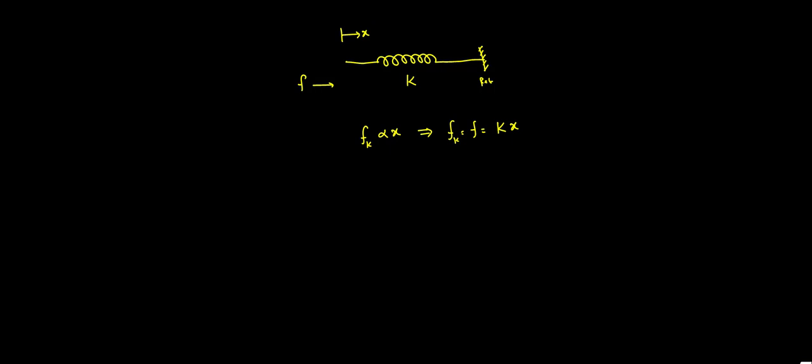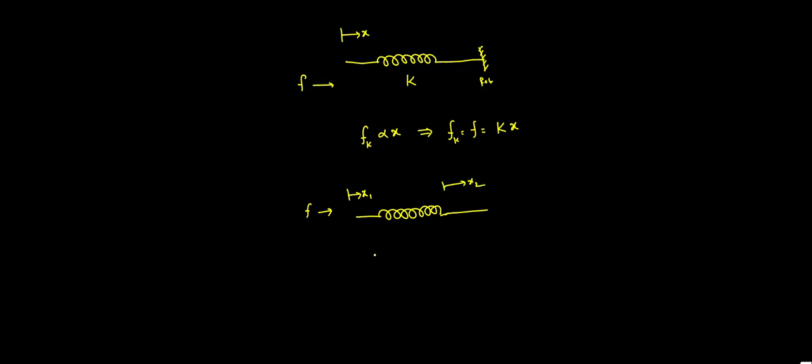Suppose the same system is displaced at both ends. Say this is a spring and it is not tied to any reference. You apply a certain amount of force onto the spring, it is displaced by a distance x1 and it is also displaced by a distance x2.